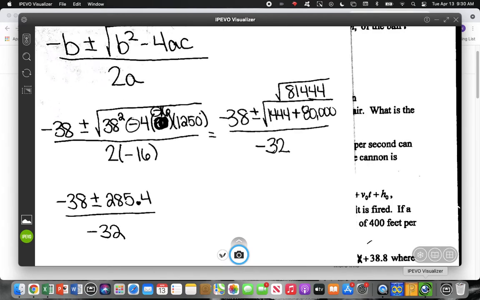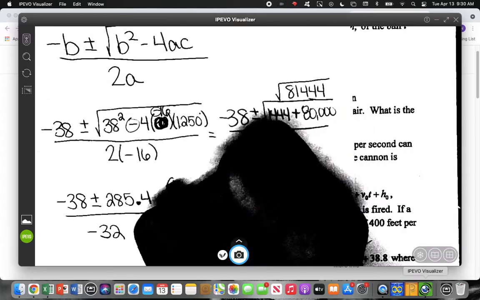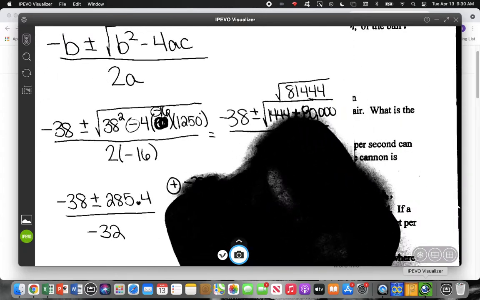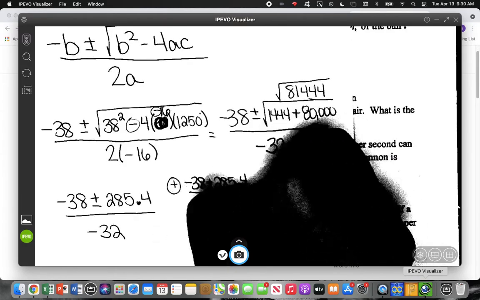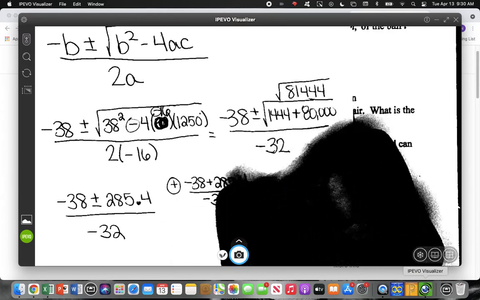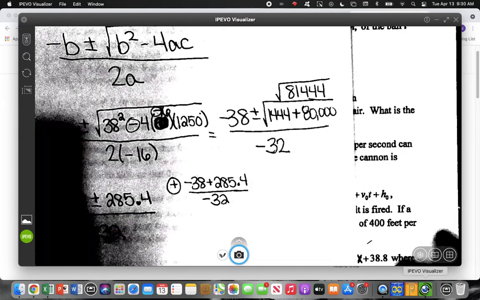All right, so with the quadratic formula, we always get two answers. One time by adding and one time by subtracting the numerator. So let's go ahead and add first. Negative 38 plus 285.4 divided by negative 32. So we want to add that numerator first.